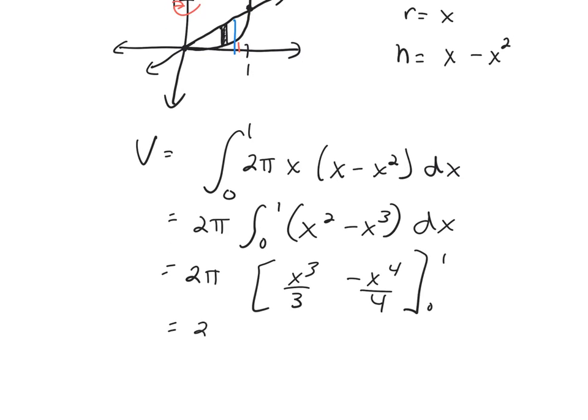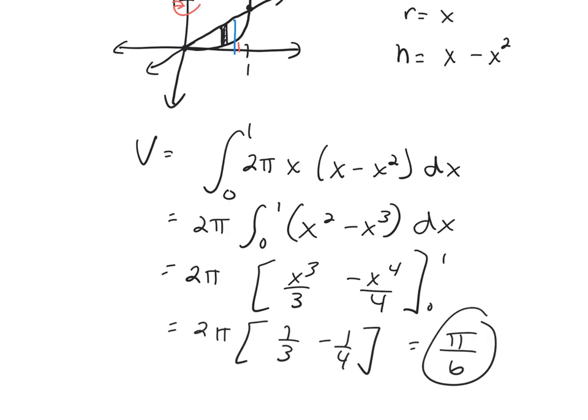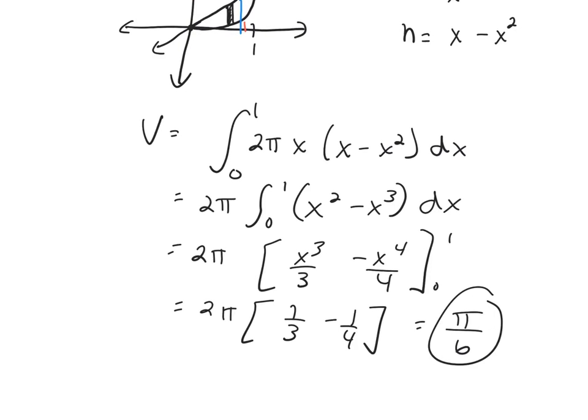So you should get 2 pi times 1/3 minus 1/4, or pi over 6. If you look back in your notes, when we did this problem with washers and discs, we got the same answer, pi over 6.